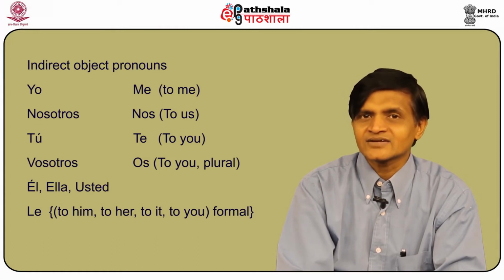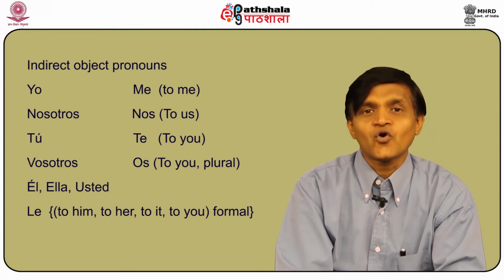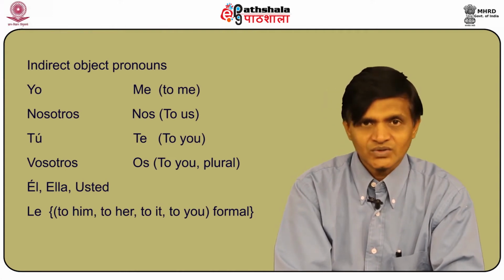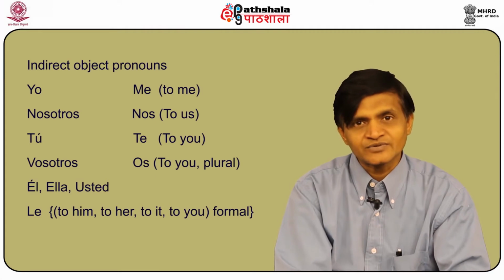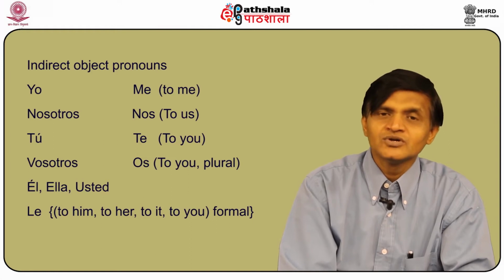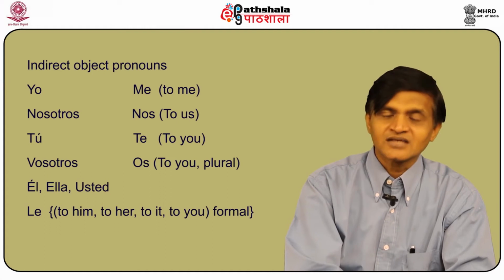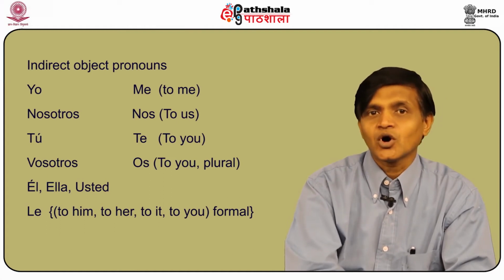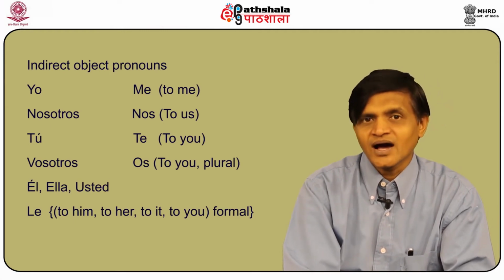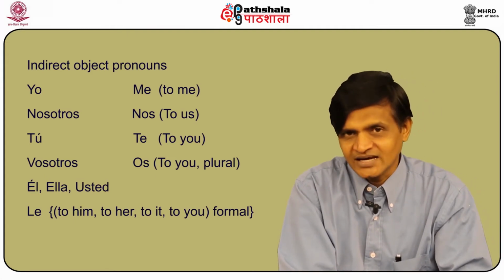Unlike the direct object pronouns, indirect object pronouns usually tell for whom or to whom the action is done. So, DOP answers the question what or who, and IOP, the indirect object pronoun, answers the question for whom or to whom the action is done.